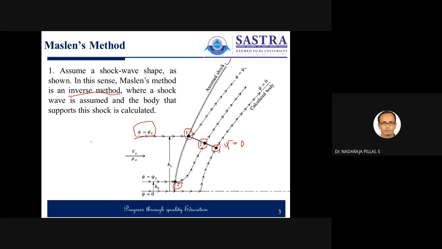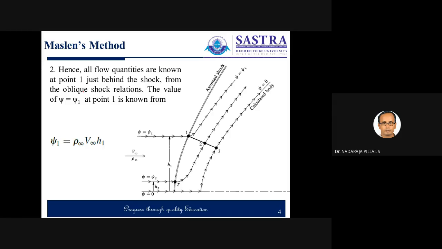Right? So let us understand the process. First, we assume the shock wave shape and then we will calculate the body shape. Once the shock wave is assumed, we know all the flow quantities at point 1. Right?